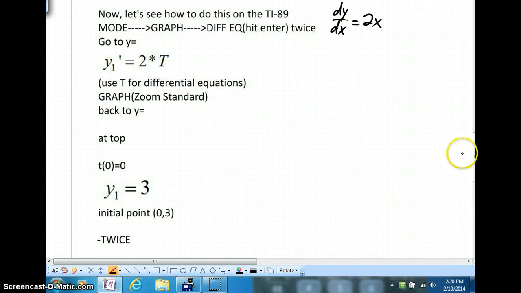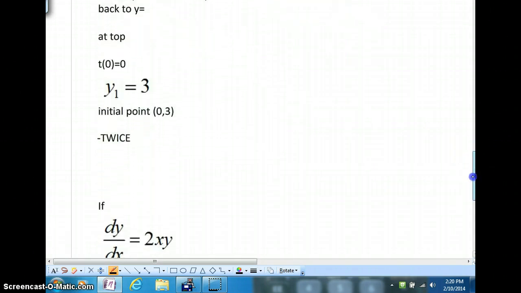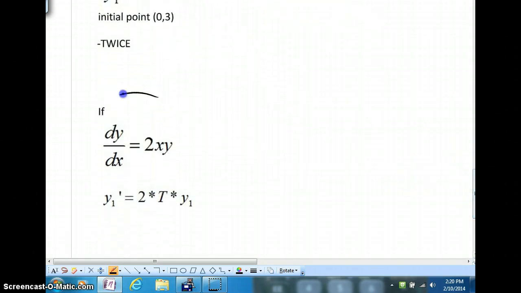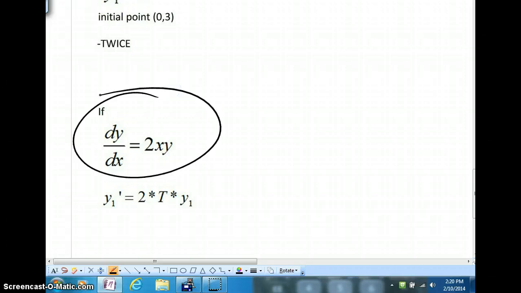So, what else can we do before we wrap up? Well, what if you just had to make a slope field where there was a y involved? Notice what you have to do. I've written it at the very bottom. You'd go back up and you'd have your t instead of your x, but you must have y sub 1 in this form.